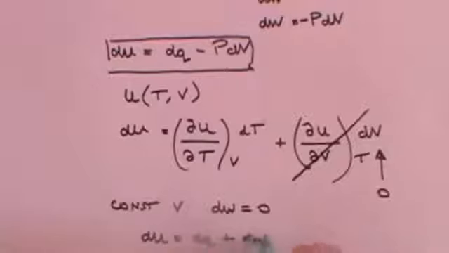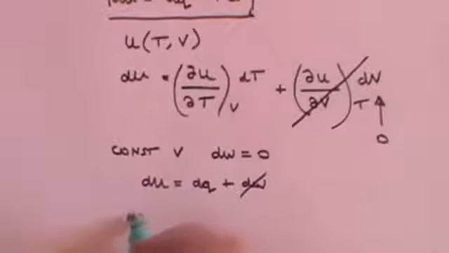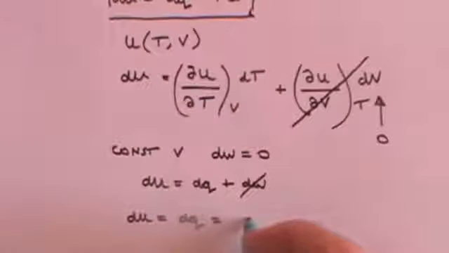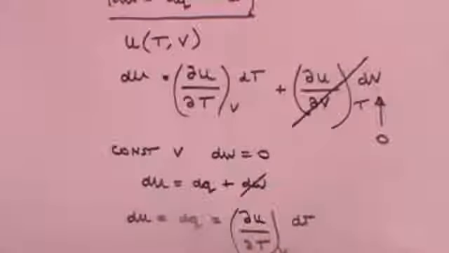That means that dU is equal to dQ plus dW, but dW is 0, so dU is equal to dQ, and that means that dU equals dQ equals this term here, which is the partial derivative with respect to temperature at constant volume times dT.